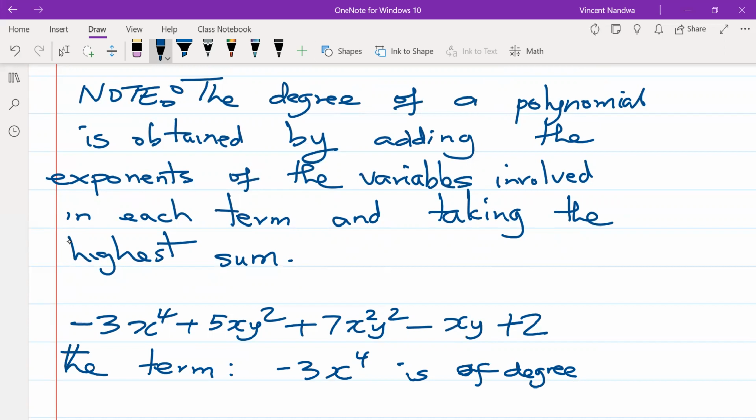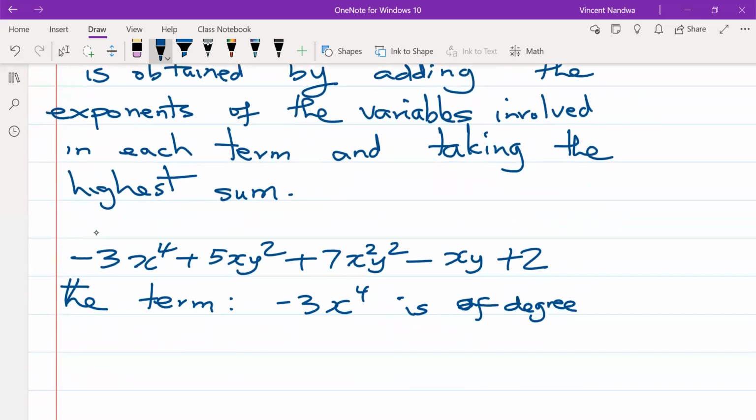How many variables are in that term? Variables are the letters in the expression.